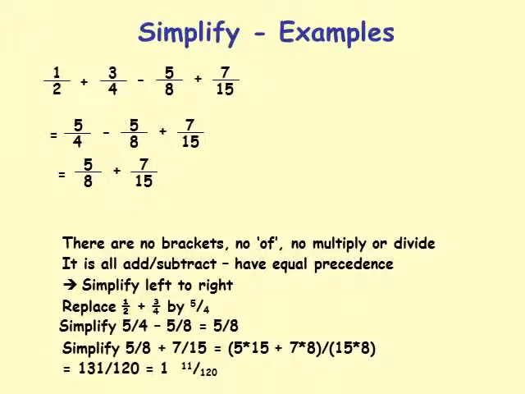So that is 131 divided by 120. 5 times 15 is 75, 7 times 8 is 56, and 75 plus 56 is 131. In the denominator, 8 times 15 is 120. That is an improper fraction, and the proper fraction equivalent is 1 and 11 by 120.